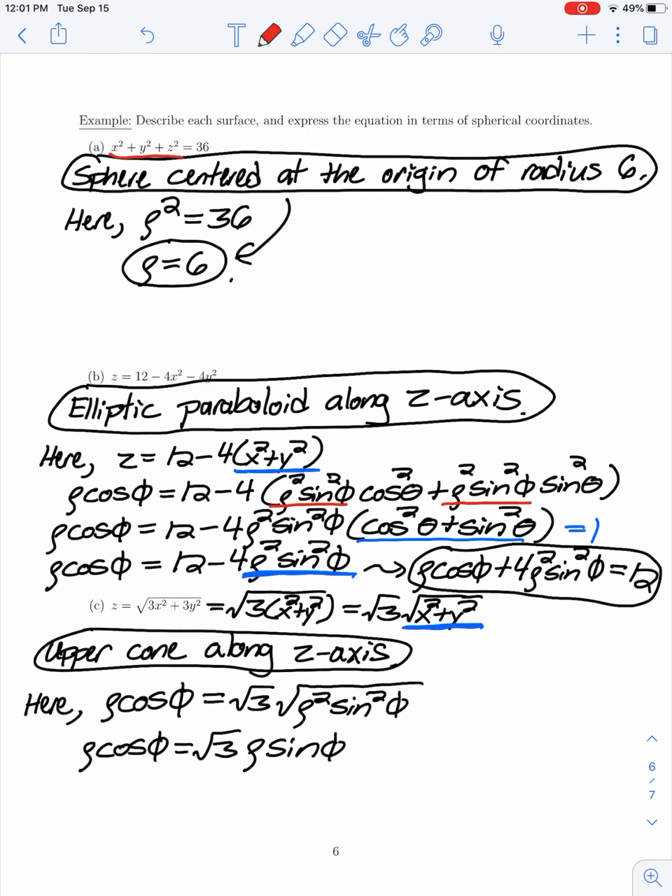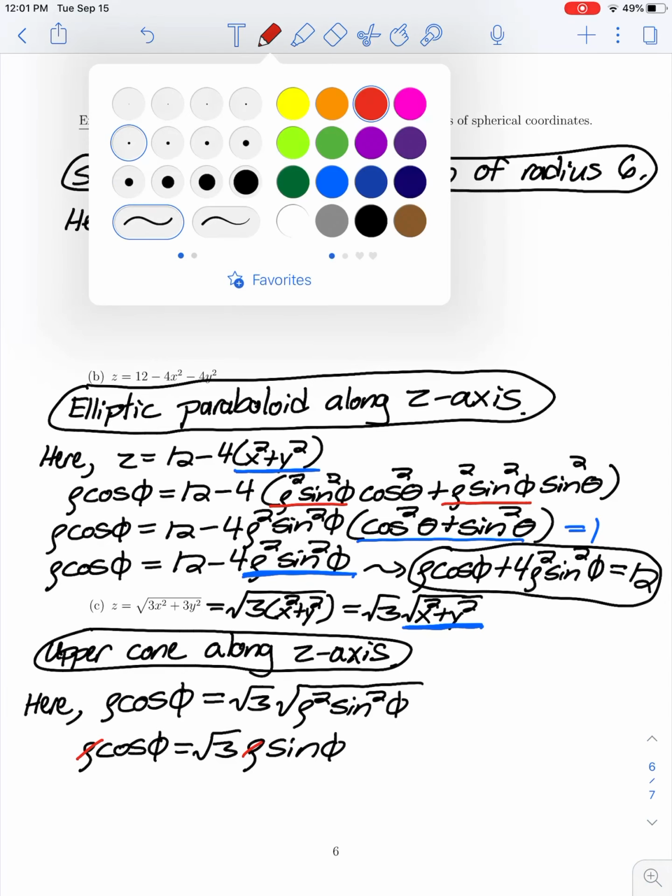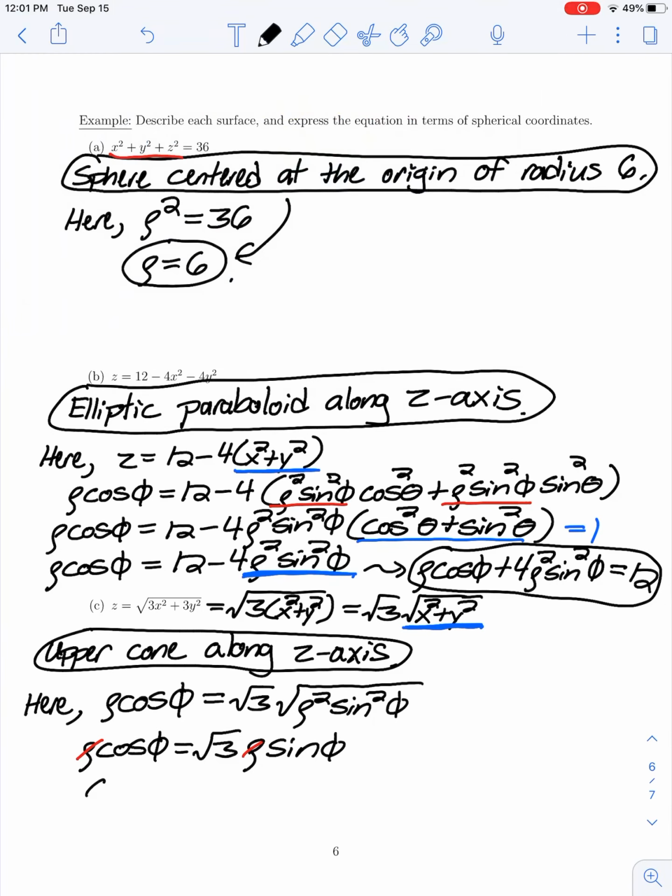And I see here that I can cancel a factor of rho on both sides. So I'm left with cosine of phi is equal to root 3 sine of phi.